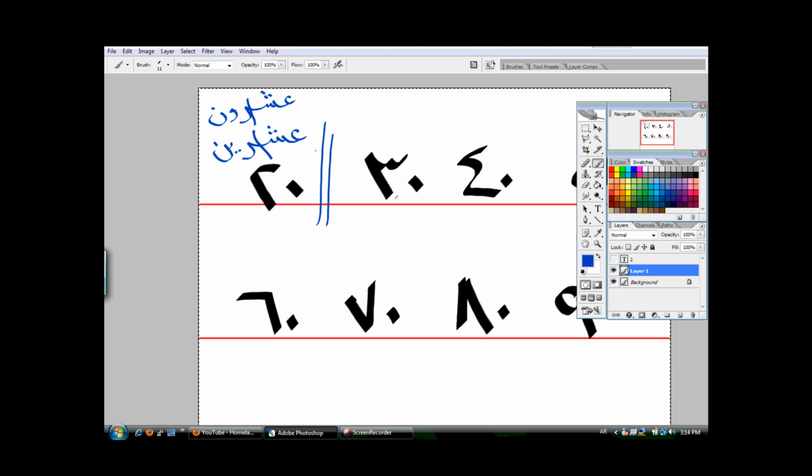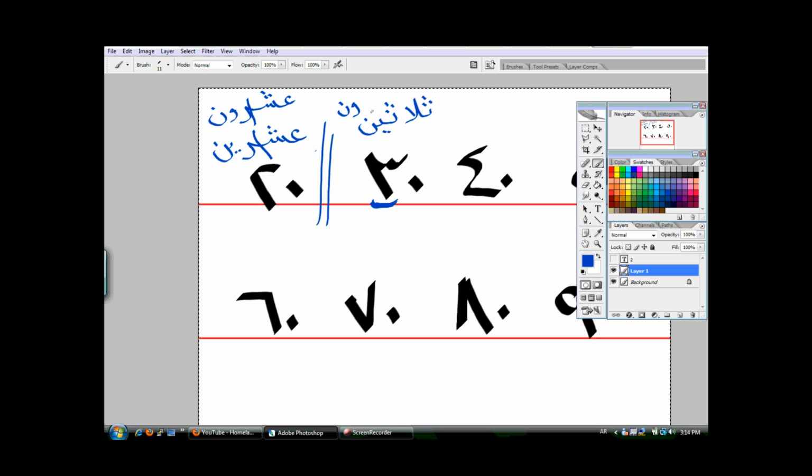Let's say, how do you read 30? The way we say it is you read this and then you add "in" or "un" to it. You read it in a slightly different manner: ثلاث. So we say ثلاث and in, so it's ثلاثين or ثلاثون if you add واو نون.